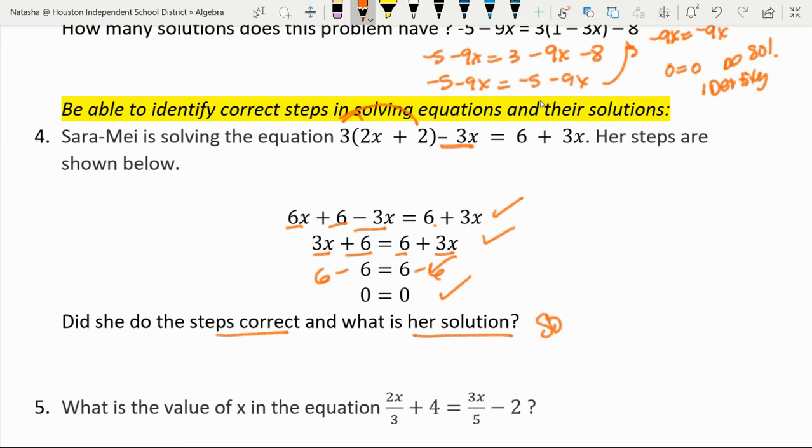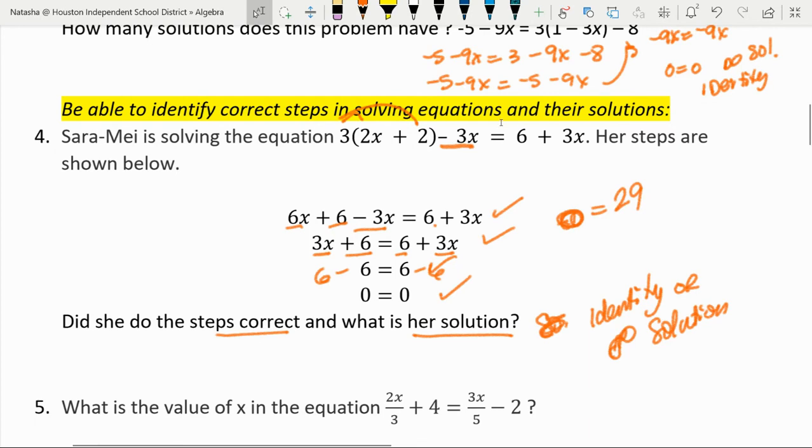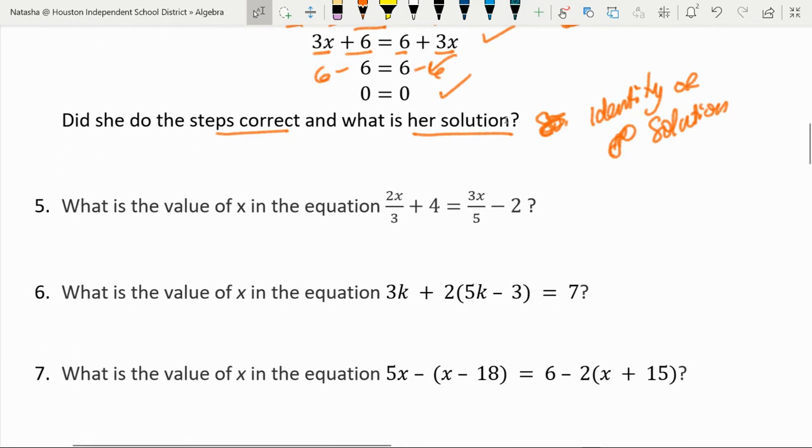So her solution is an identity, or we can say infinite solutions. Now, keep in mind, if her result was not equivalent, let's say we got 0 is equal to 29, then that would be no solution. So be very careful and make sure that you understand how to set that up.